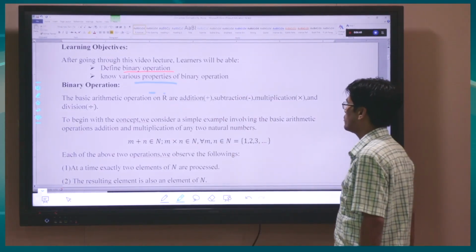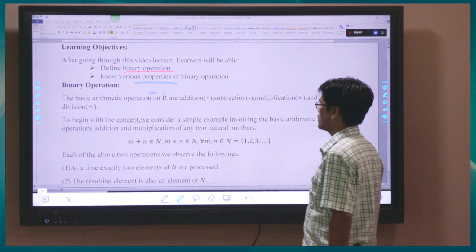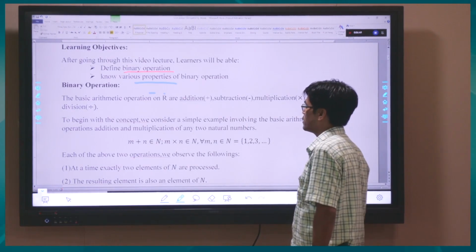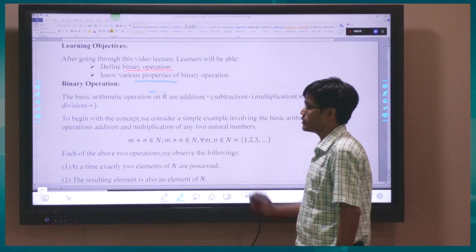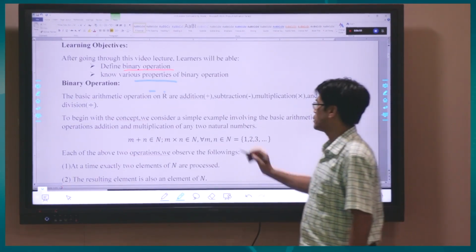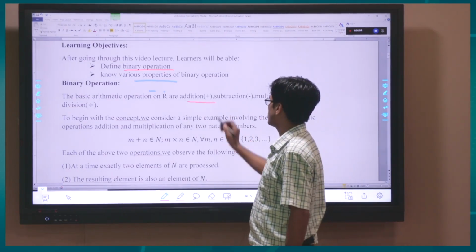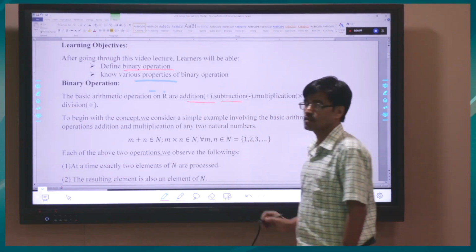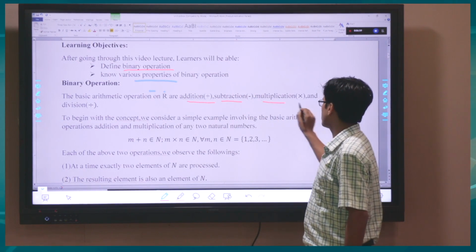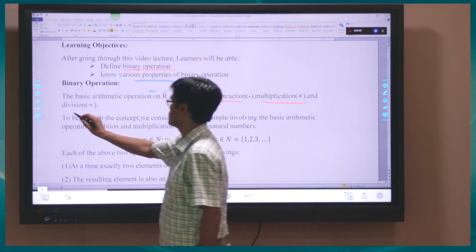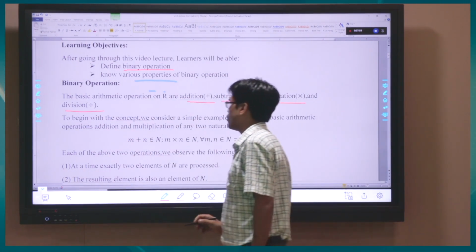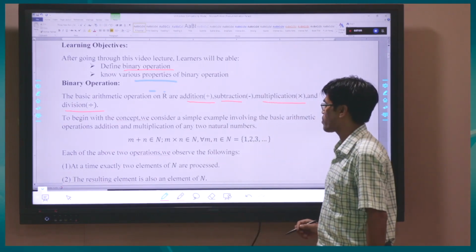So let us define what is a binary operation. We all know that there are four basic arithmetic operations: addition, subtraction, multiplication and division. These four binary operations we already know.